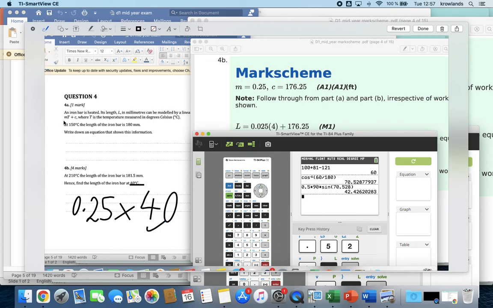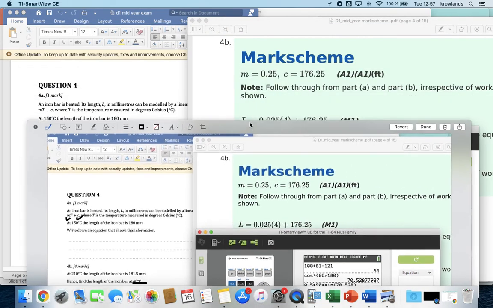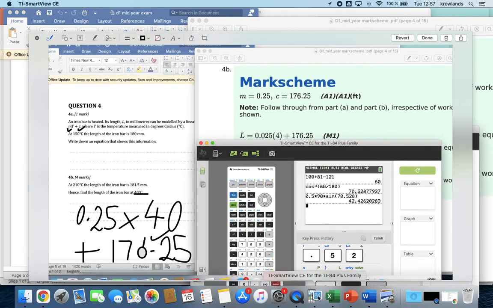We now know what M is, we now know what C is, and we've got the given temperature of 40. So we substitute in the M and the T here, and then finally we add the C, which is 176.25. Now in the exam, if you got these numbers wrong, but you substituted something in, I would give you the benefit of the doubt, and you might have got some marks here, which would be fantastic. So on the calculator, this is how you would do it. Finding our calculator underneath here.